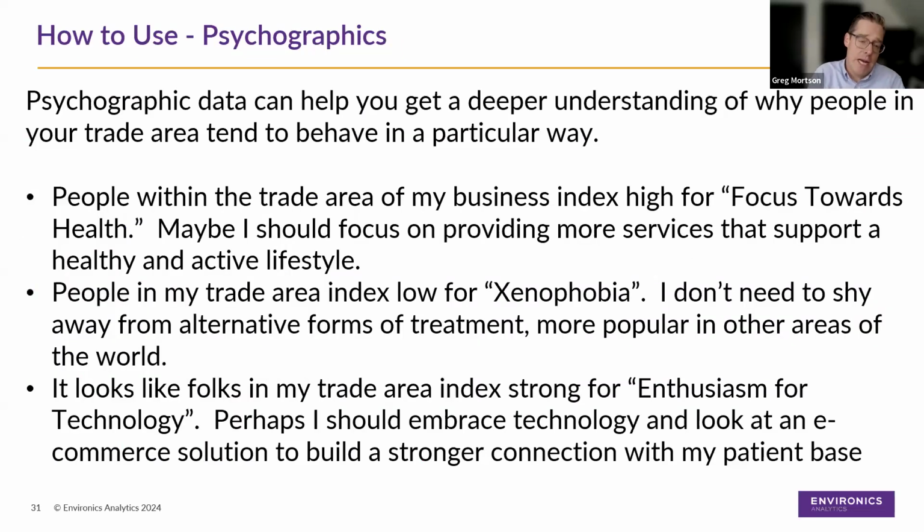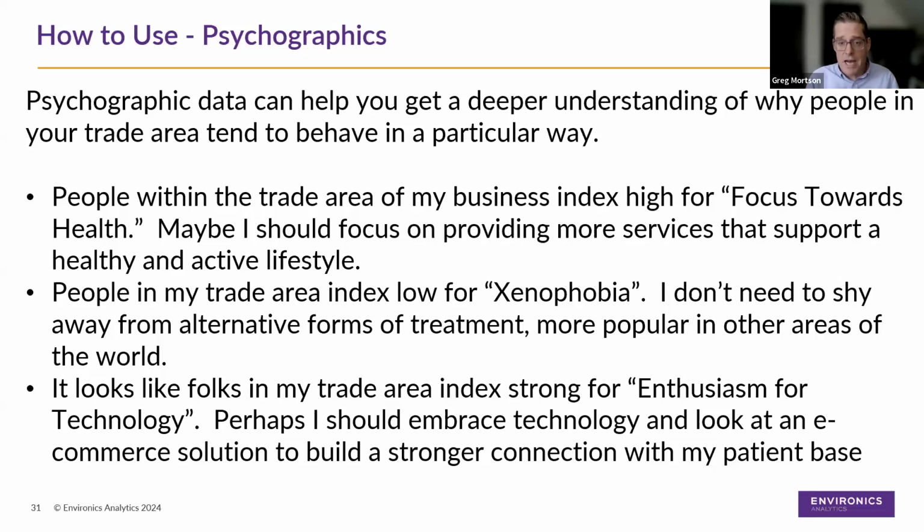So a couple different ways in which you can use this information. Another value is focus towards health. So maybe that's something that indexes high in your trade area. How do you really work further to promote that healthy and active lifestyle? Maybe people index low for xenophobia. Okay, well, let's look at maybe some alternative forms of treatment that are popular in other areas of the world.